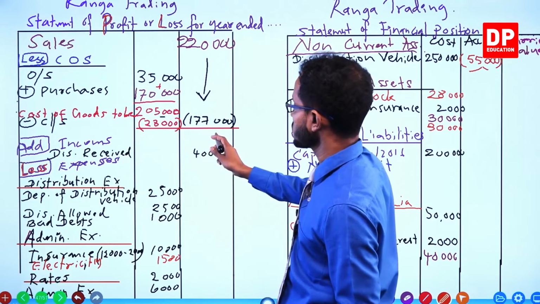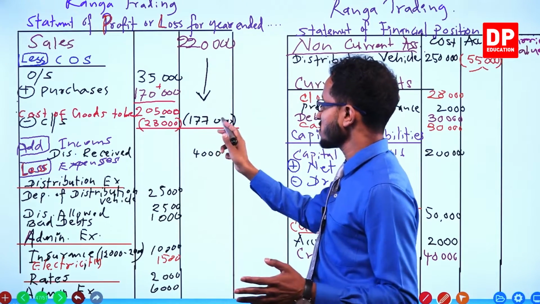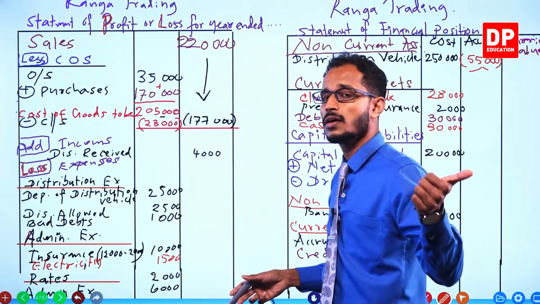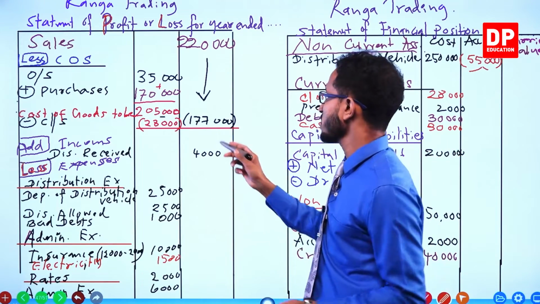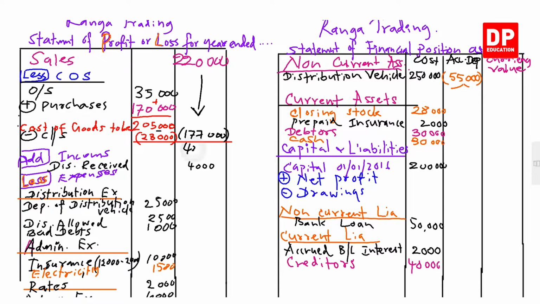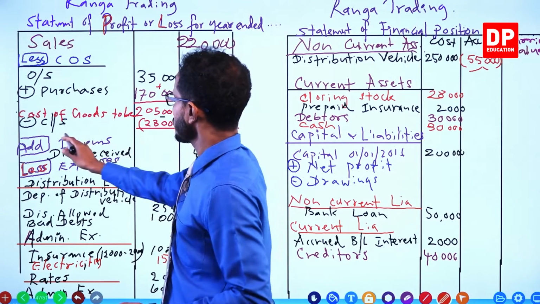That should be subtracted from the sales. Sales minus cost of sales equals gross profit. So 220 minus 177, 43,000. That is gross profit. Don't have space. Oh my God, no space.